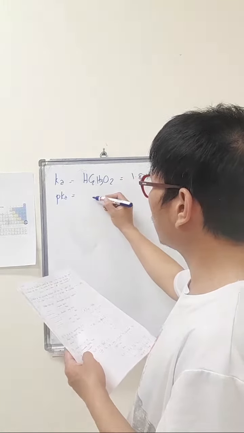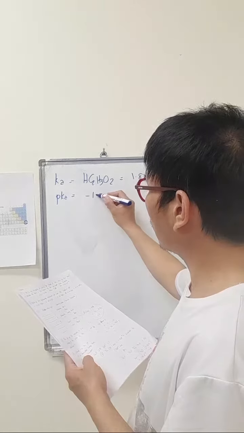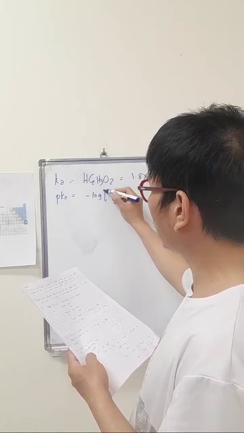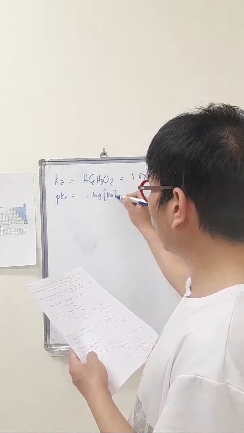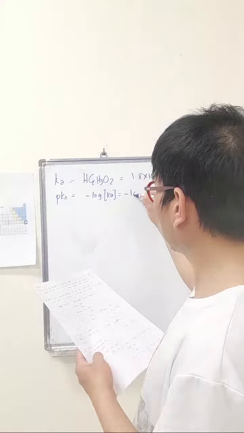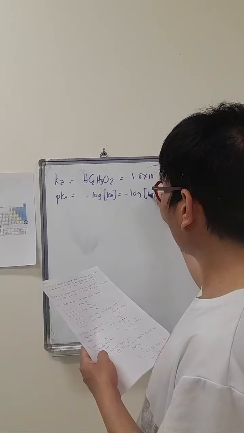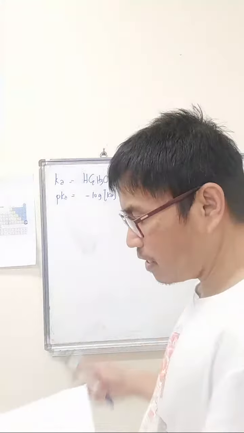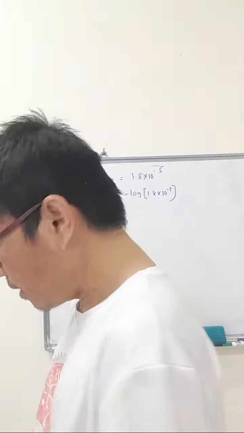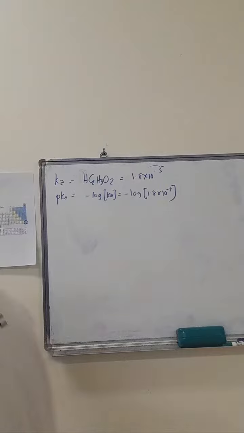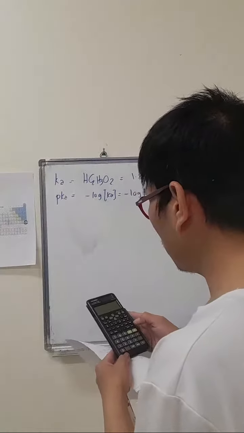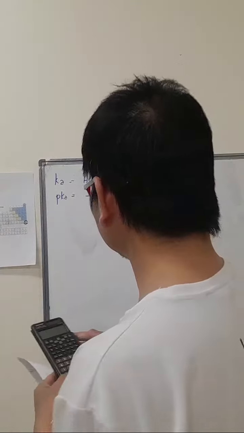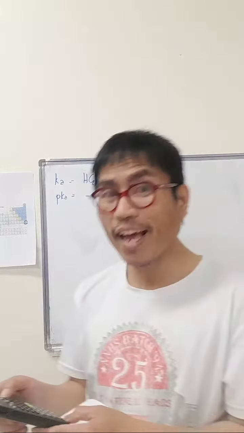pKa is equal to the negative logarithm of the value of the Ka. So immediately substitute: 1.8 times 10 to the negative 5. Calculator please. You can solve this without a calculator because it involves a lot of zeros going to the left.